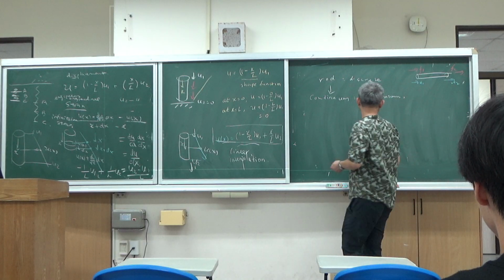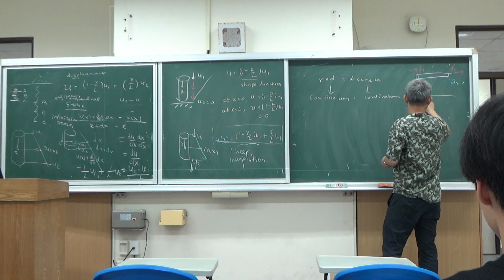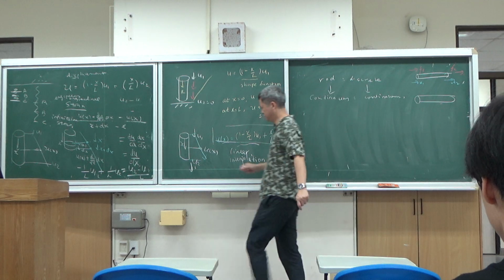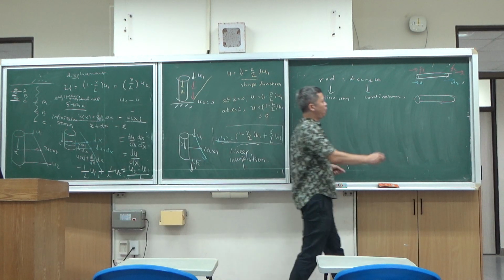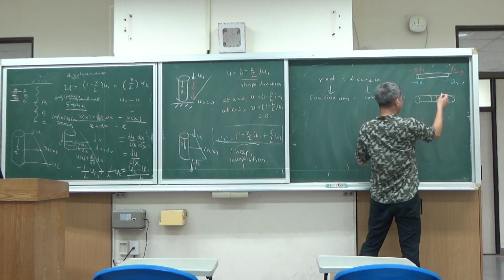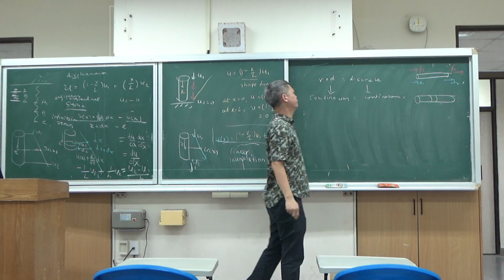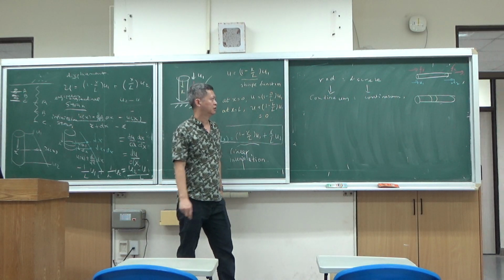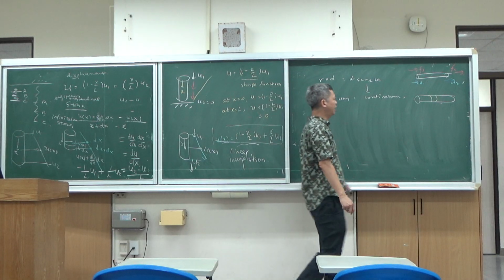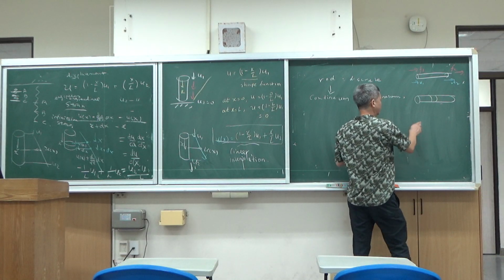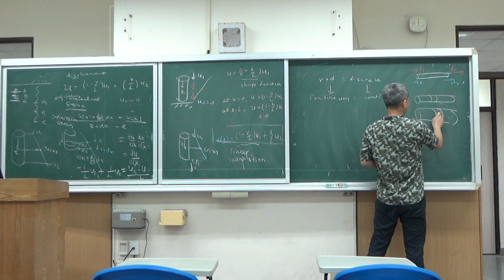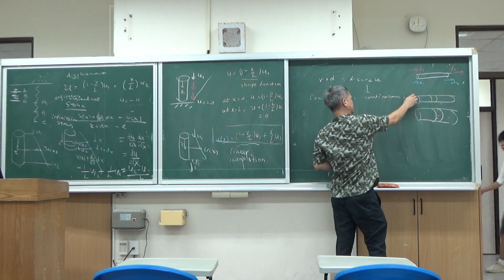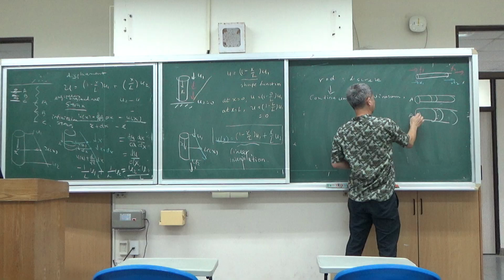But now, if it's continuous, every point will be subjected to some sort of force. And because you might have a small rod or a big rod, the area can be different.